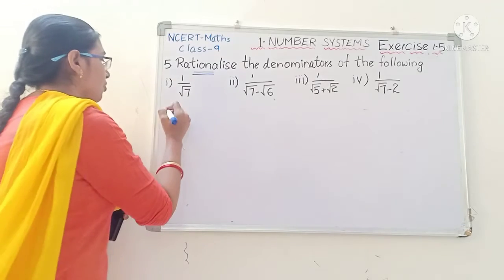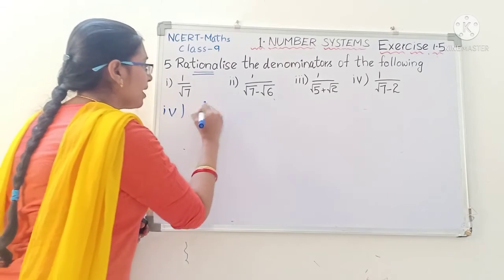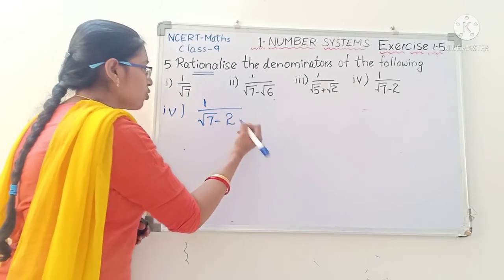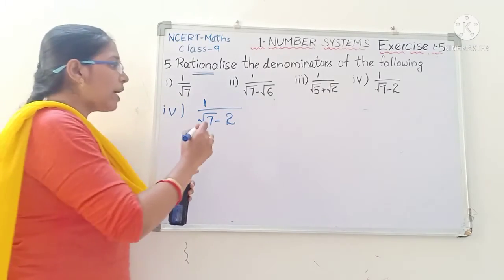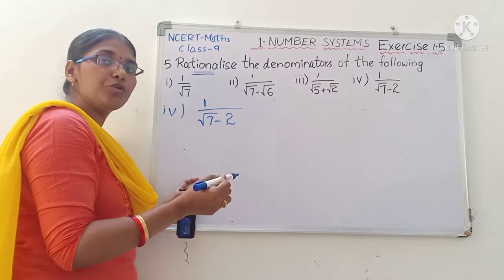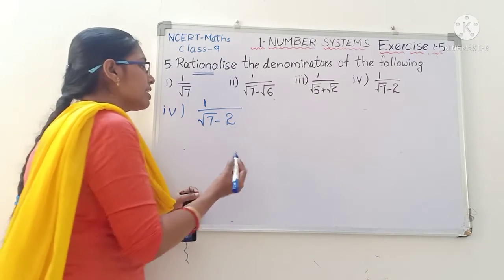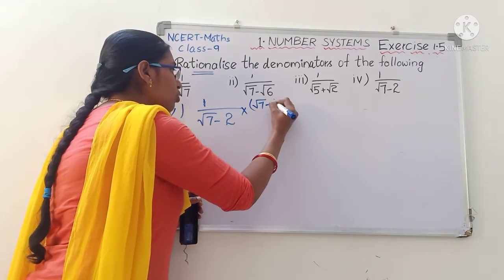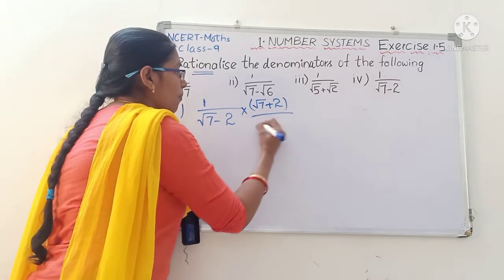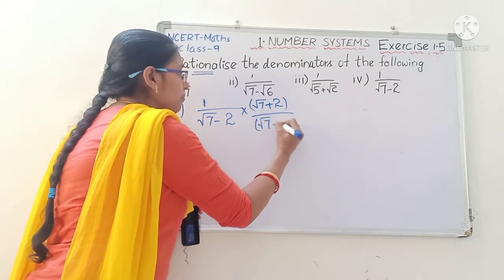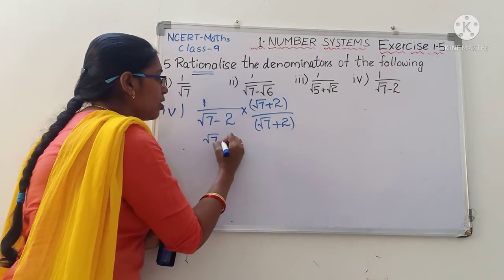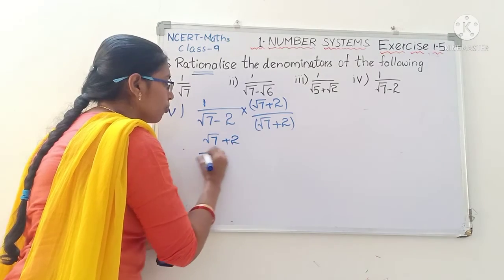Fourth problem. 1 by root 7 minus 2. How is it children? 1 by root A minus B. What should you do to rationalize? Just change the sign. Multiply numerator and denominator with root 7 plus 2 by root 7 plus 2. 1 into root 7 is root 7. 1 into 2 is 2.